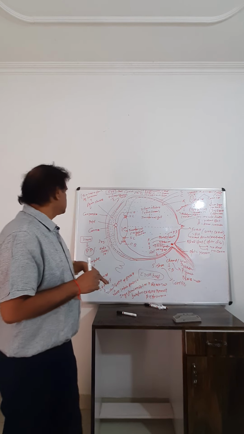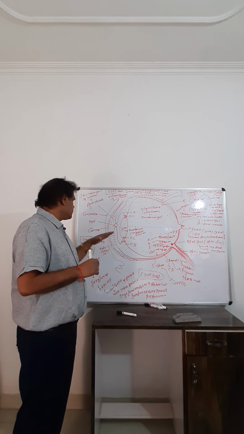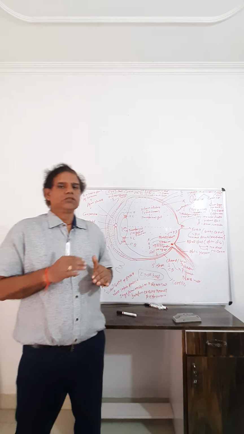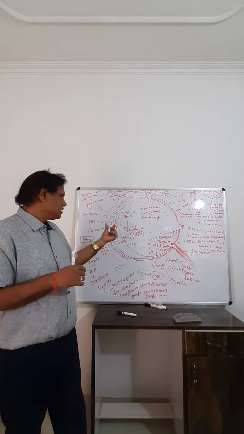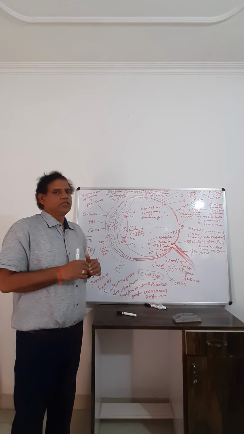The next important point is how vision is produced. In the mechanism of vision, there is transmission of a potential difference.